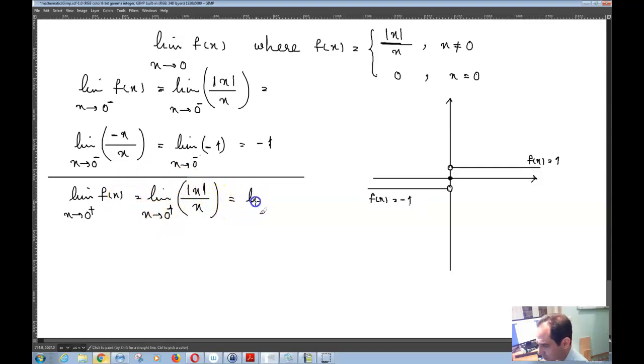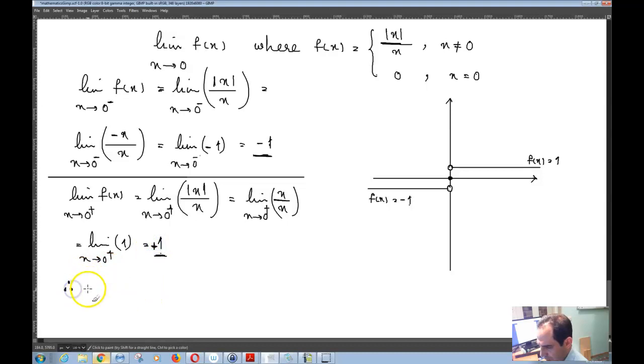So this would be the limit of basically x over x when x tends to 0 from the right, which is equal to the limit of 1 when x tends to 0 from the right, which is equal to 1. So -1, +1.